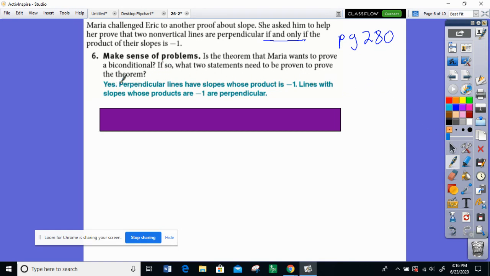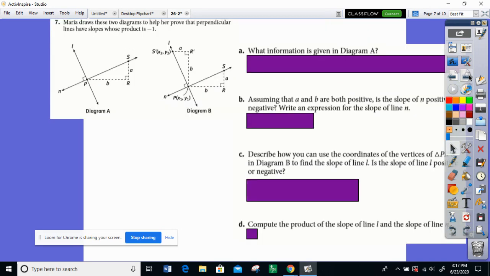So the two forms of that biconditional statement that we would need to prove would be if two lines are perpendicular, then their slopes have a product of -1. Similarly, we could say if two lines have slopes whose products are -1, then they are perpendicular. So that's what we're going to set out to prove now. All right, so we've got two diagrams here to help us out.